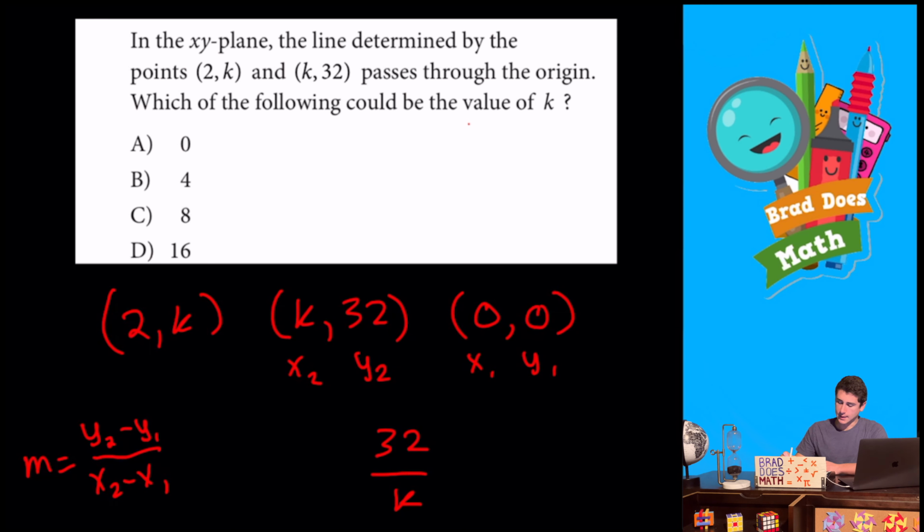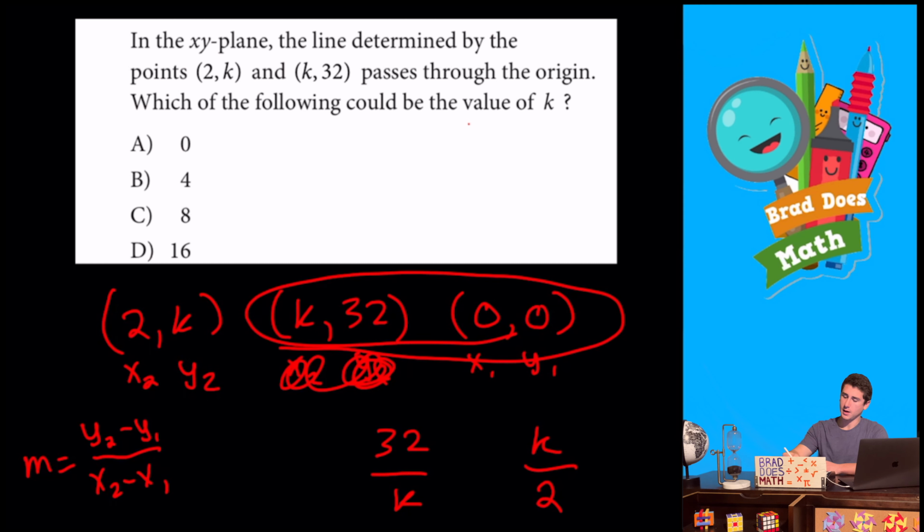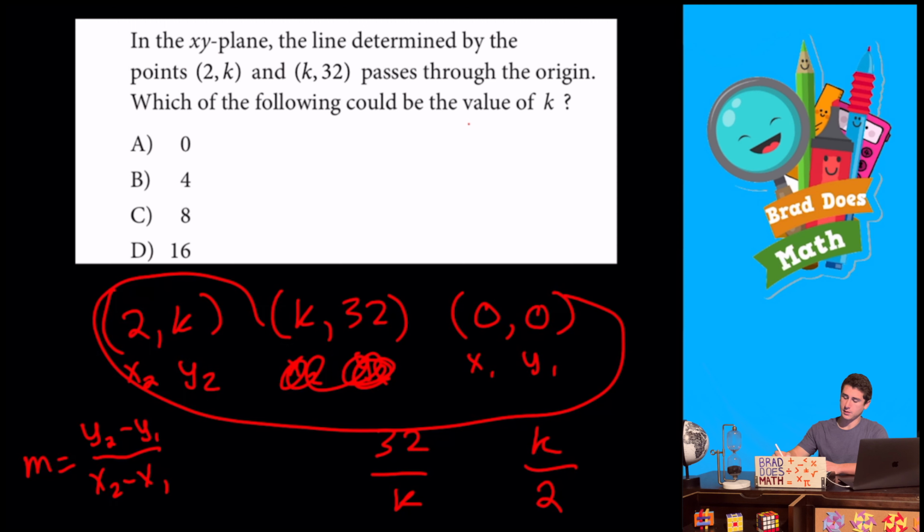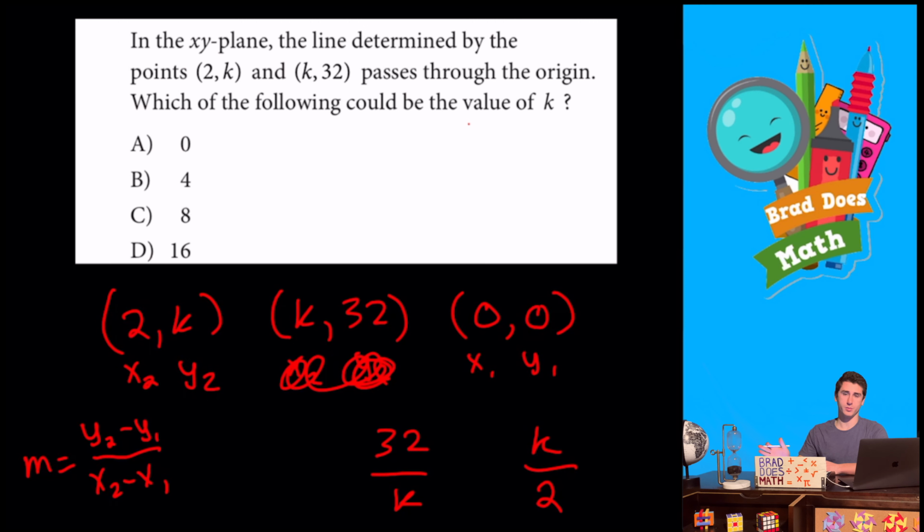Now, let's use these as x2 and y2. All right, so y2 minus y1 is k minus 0, which is k, and x2 minus x1, which is 2 minus 0, is 2. So I found my slope 2 ways. One way by using these 2 points, and the other way by using these 2 points. Since the slope is always the same at any 2 points on a line, they're equal.